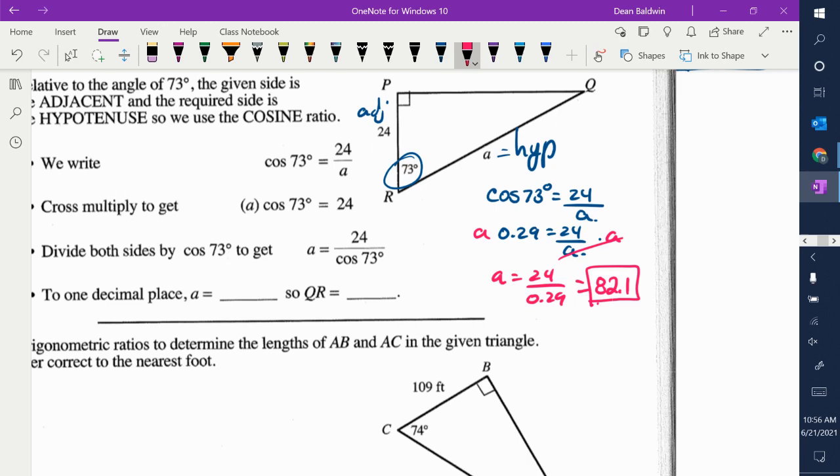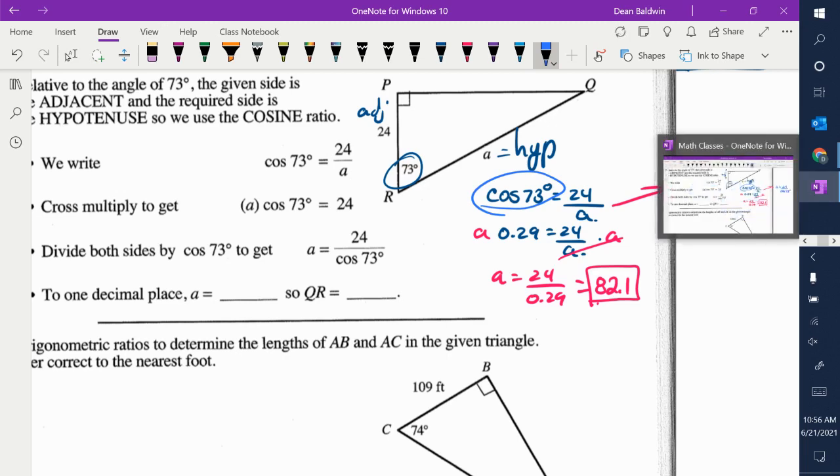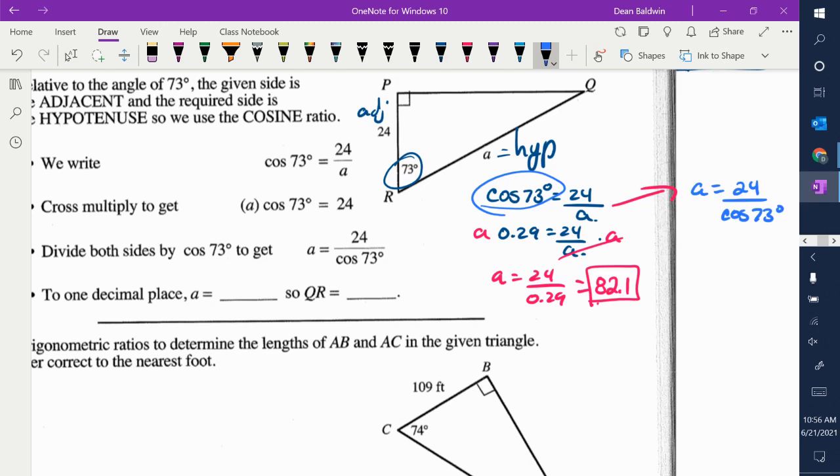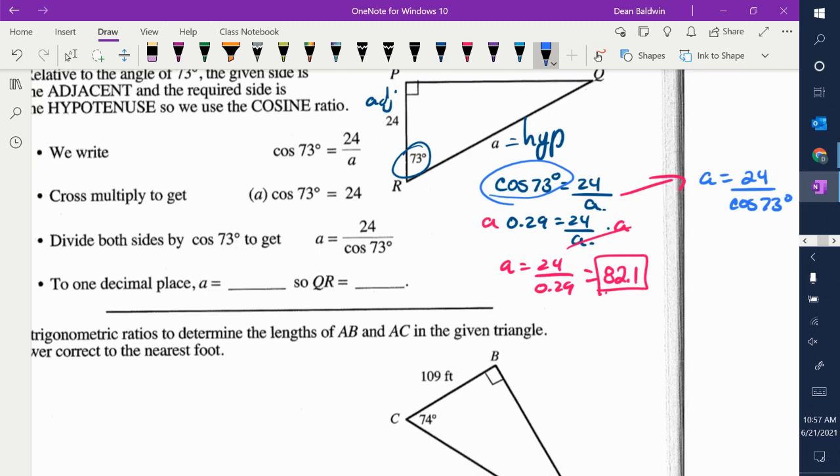The other way you could do it, it's the exact same thing, but it just looks a little different, is because we know that's a number, we could just write A is equal to 24 divided by cos of 73. And then just go 24 divided by cosine 73, and you'll get the same answer. All right? Instead of converting it first. I don't really care what you do.